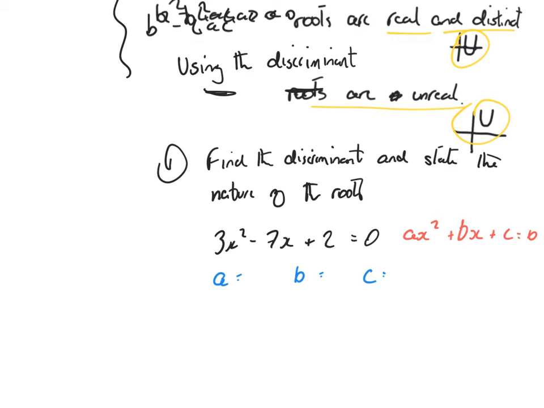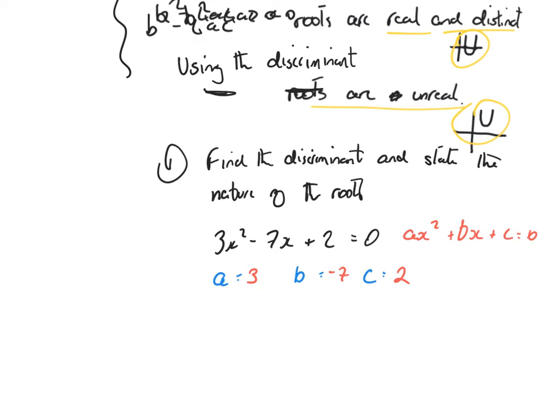So we can say that a is equal to 3. We can then see that b is minus 7, not 7, but minus 7. And finally, we can see that c is equal to 2.